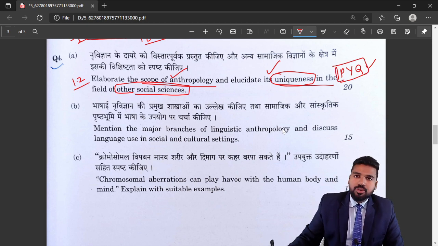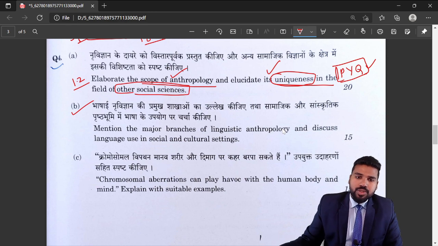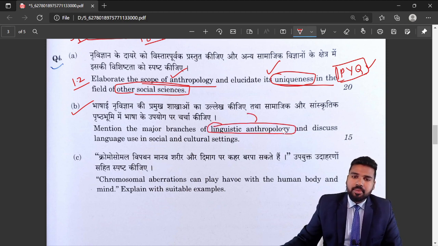Now going to B. See, mention the major branches of linguistic anthropology and discuss language use in social and cultural settings. See here, this question is from your major branches of anthropology, in which you have one of the branches as linguistic anthropology. In this also there are sub-branches, okay?